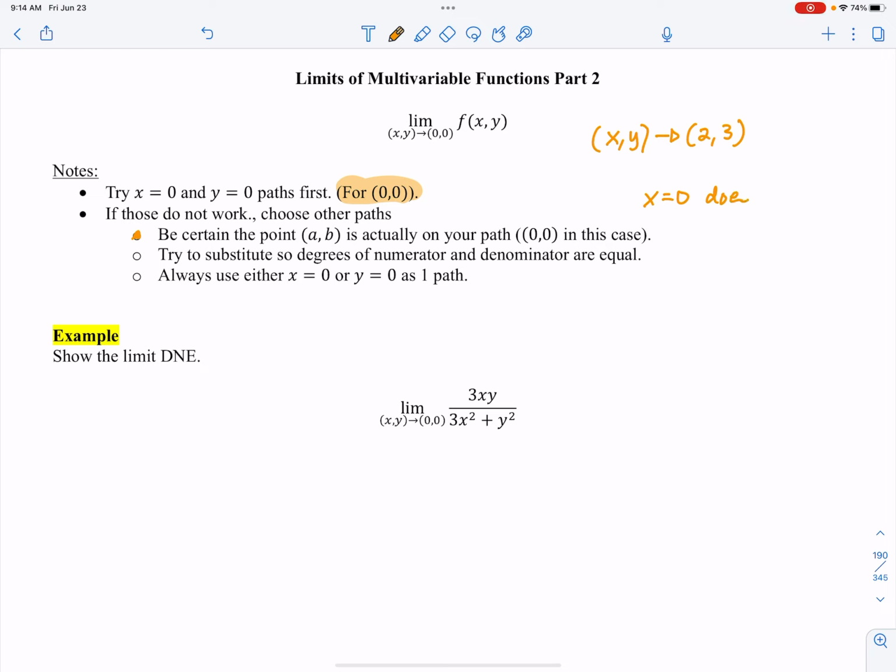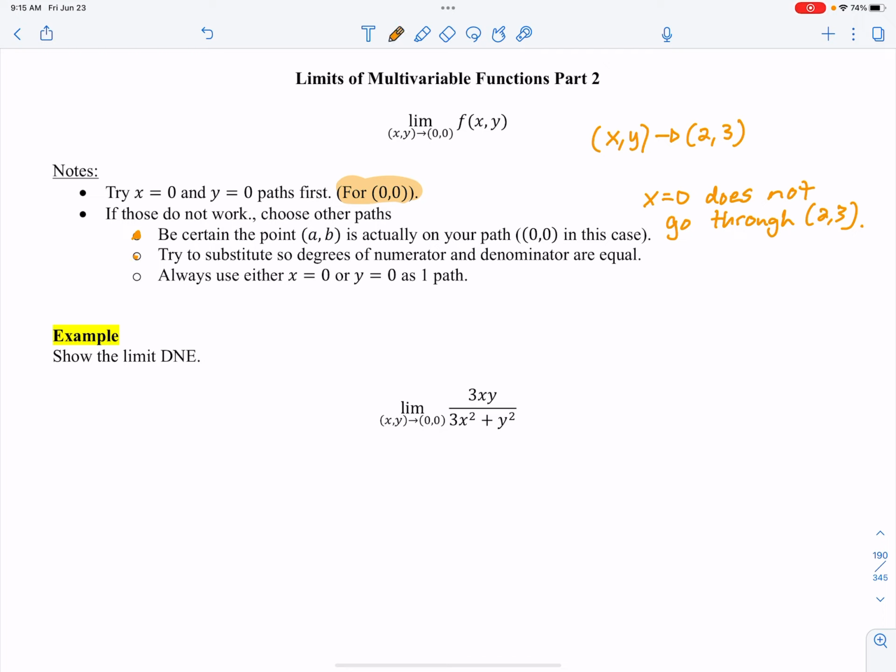It does not go through (2, 3), so we would not want to use it. I would want to use maybe x equals 2, because that path would go through that. We have to make sure the path goes through the point.